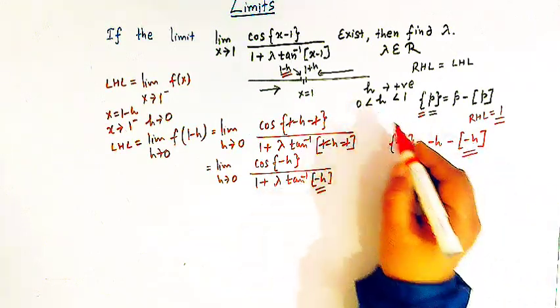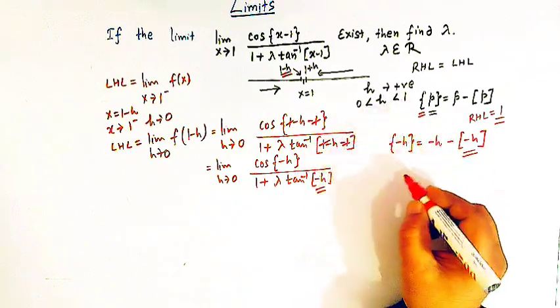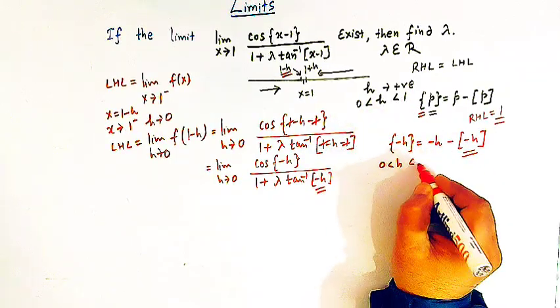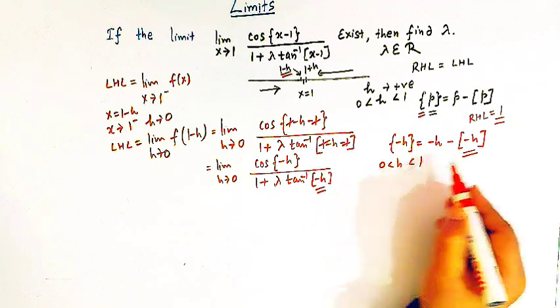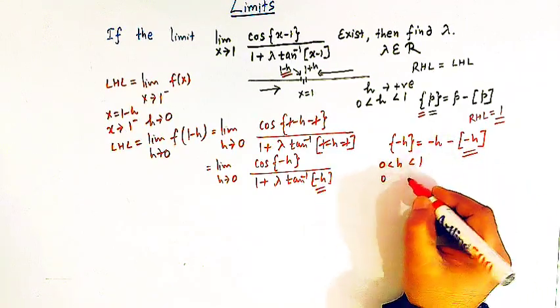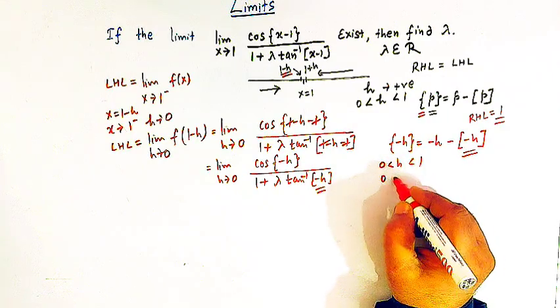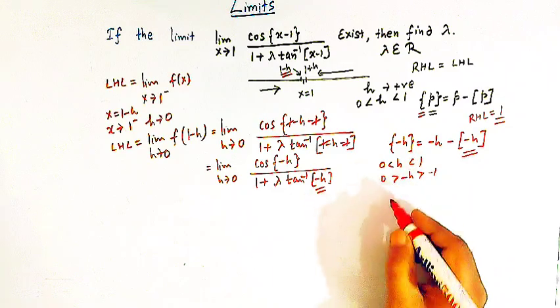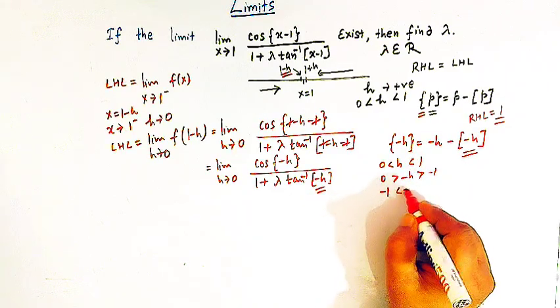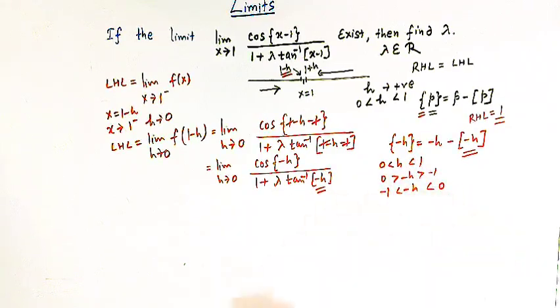Now see, h lies between 0 and 1. So if we multiply this inequality throughout by minus 1, the direction of the inequality gets reversed, and we can rewrite this inequality as minus 1 less than minus h less than 0.